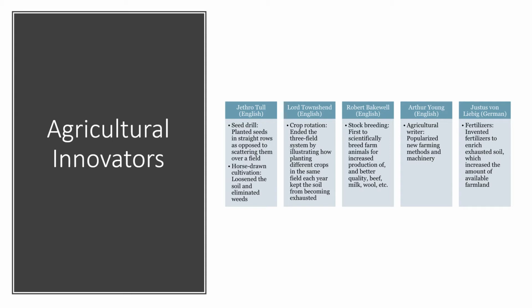And as we explored with the first Industrial Revolution, there were other really important inventors. Jethro Tull created the seed drill, Lord Townshend developed crop rotation, Robert Bakewell worked on stock breeding, Arthur Young on writing, and Justus von Liebig on fertilizers. These were all major advancements needed to increase production and efficiency to produce more food at a cheaper price for the growing urban population.